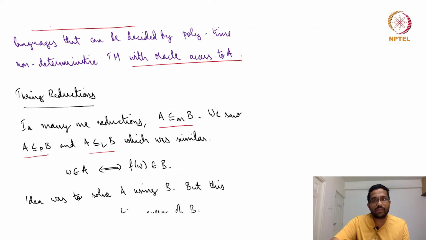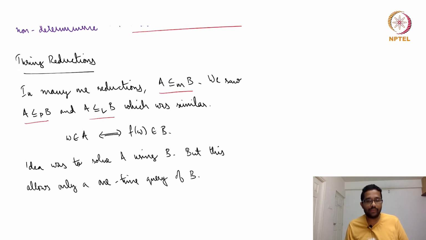The principle was that W is in A if and only if f of W is in B. So basically we are transforming an instance of A into an instance of B. So you are transforming an A instance W to a B instance f of W, and then using that to solve A. So basically converting an A instance to a B instance and then using an algorithm of B to solve A. Correct? This is what we did in the many-one reductions or polynomial time or log space reductions.